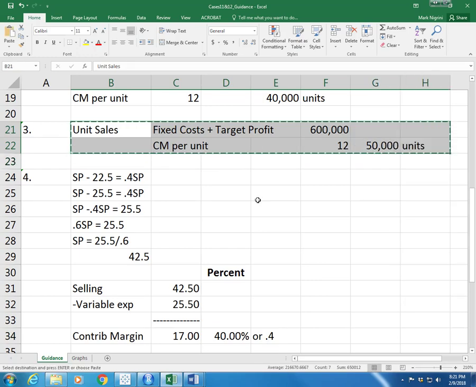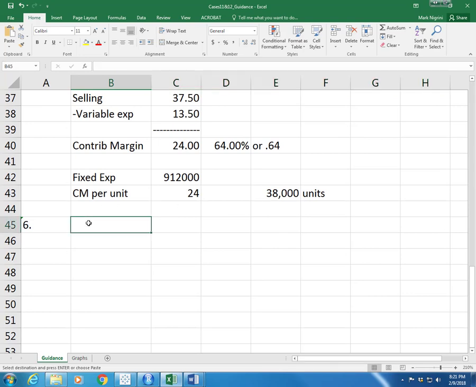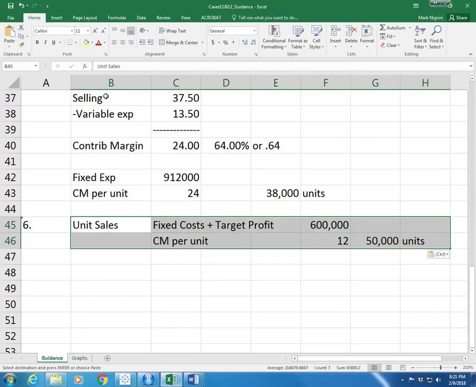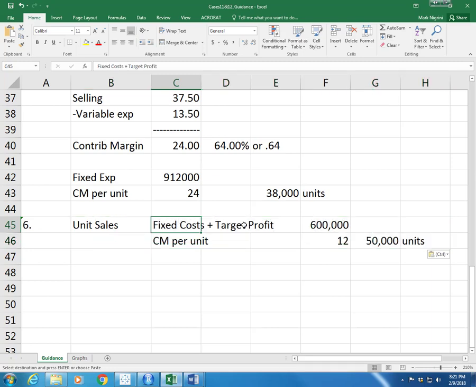So I'm going to copy, go down here, and apply the changes. Well, same formula, fixed cost plus target profit over contribution margin per unit, but things are going to change over here. My fixed costs are no longer what they were. They are now 912,000.